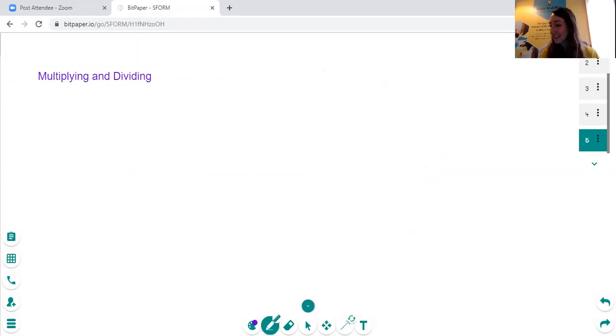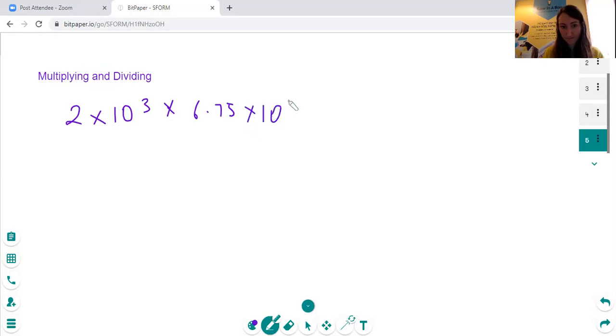So let's get an example: 2 times 10 to the power of 3 times, and we'll pop them in brackets, 6.75 times 10 to the power of 5.